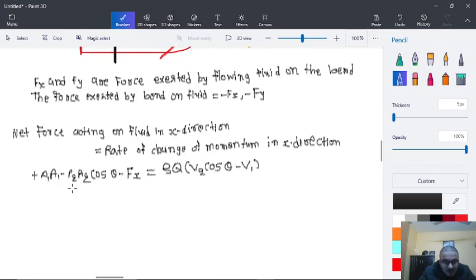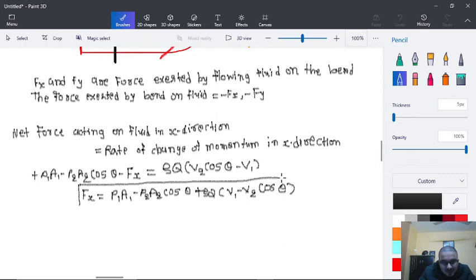Based on this we can obtain the Fx value. So Fx is equal to P1A1 minus P2A2 cos theta, and reversing the sign, plus rho Q times (v1 minus v2 cos theta). This is the value of Fx.